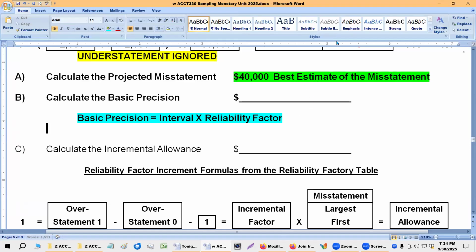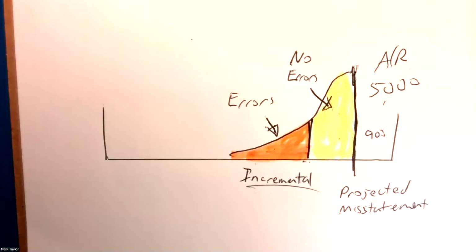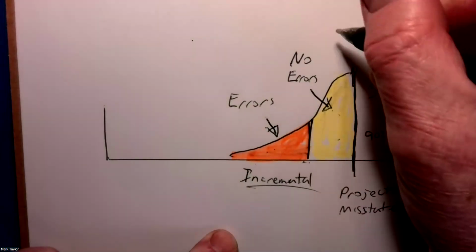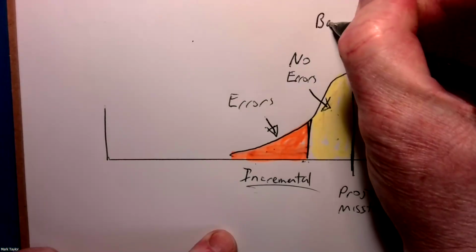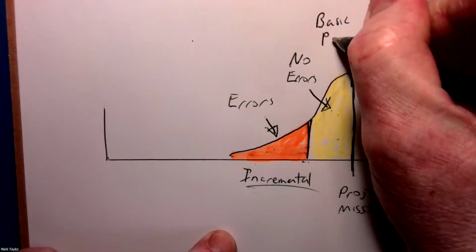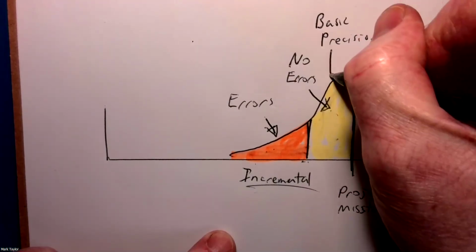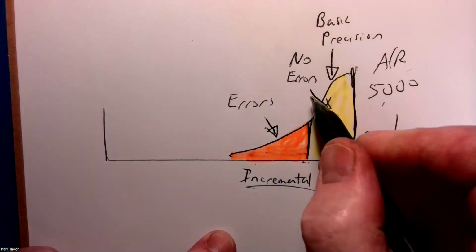Let me show you what this is on our table. So this is the basic precision. That's if we had no errors.